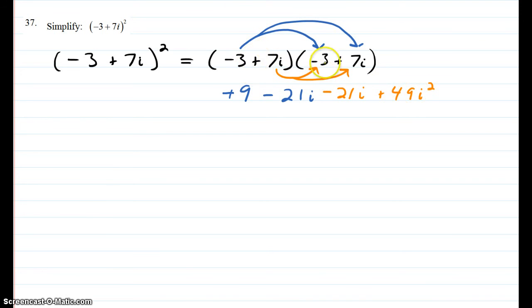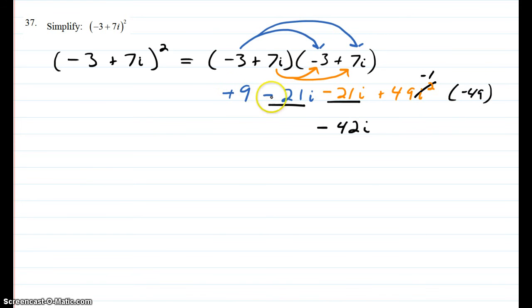Now, since these aren't complex conjugates, you're going to still have that middle term with just the i. So now we combine, and so the negative 21i and negative 21i is going to give us negative 42i. The i squared becomes negative 1, and so negative 1 times 49, this whole thing becomes negative 49.